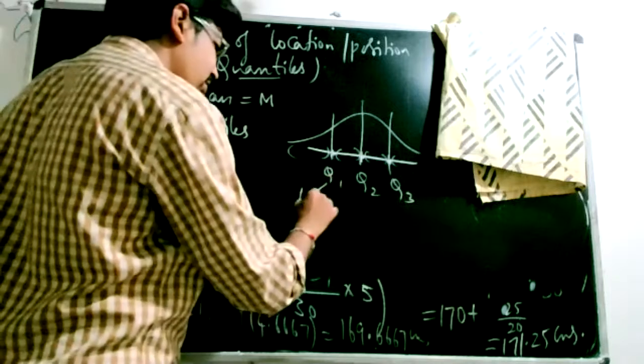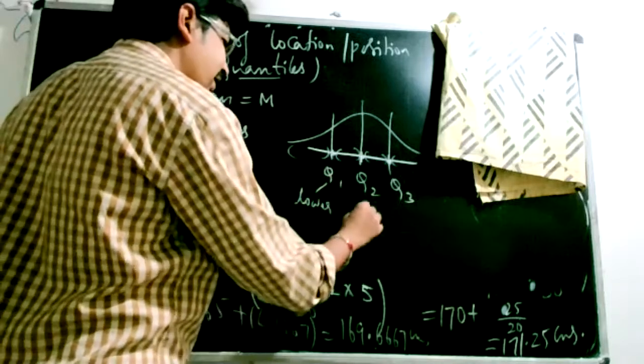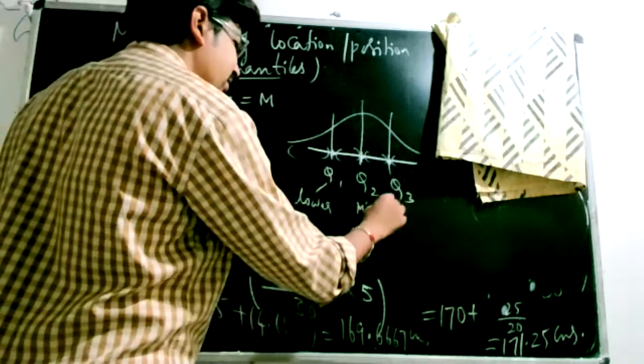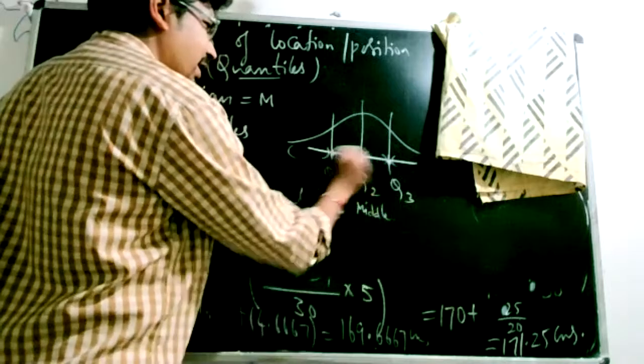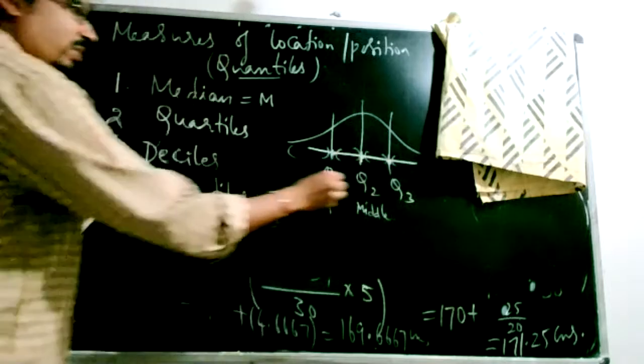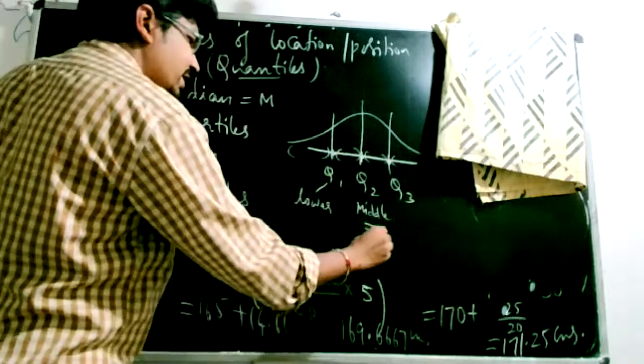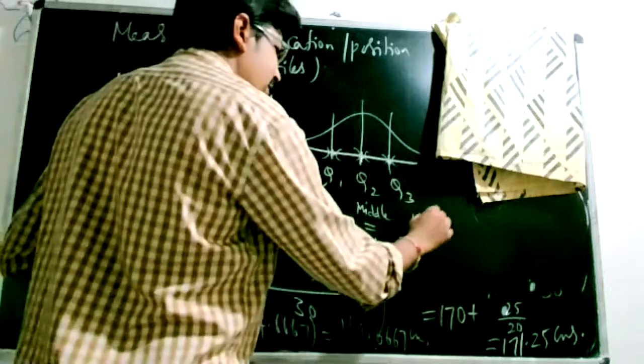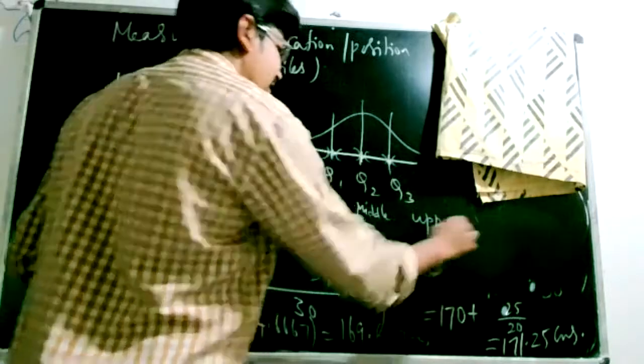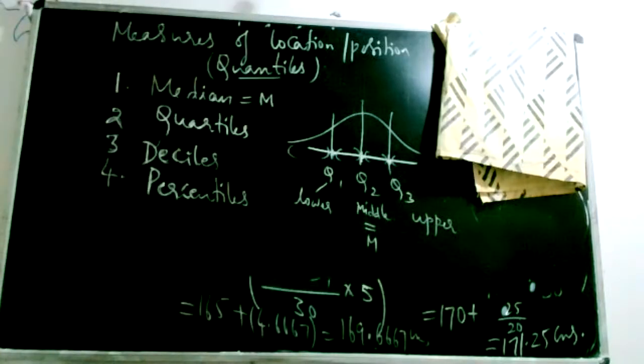Q1 is called the lower quartile or first quartile. Q2 is the middle quartile, the midpoint of the distribution, so Q2 is the same as the median, and Q3 is called the third quartile or the upper quartile.